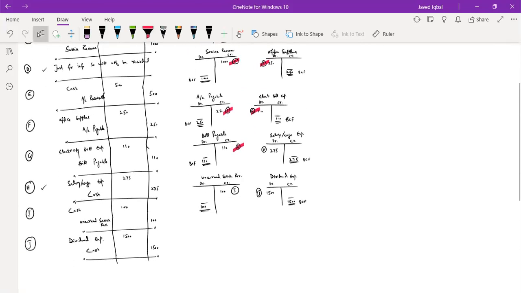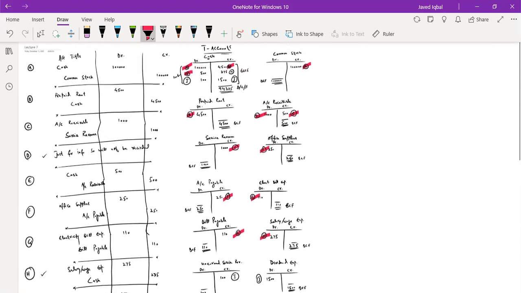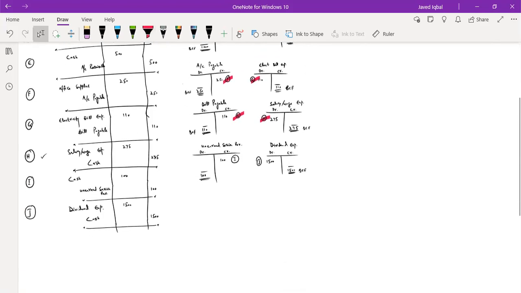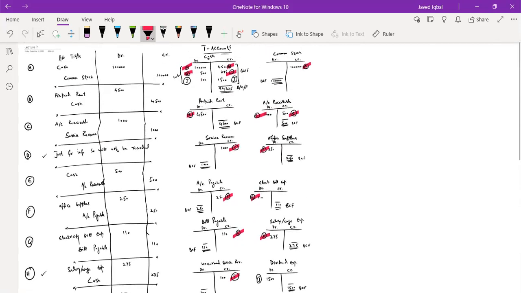You have salaries or wage expense, which is H transaction, countered with H transaction cash. So you have H transaction 275 here. Then you have cash 100 and unearned service revenue. So you have unearned service revenue as I here, and you have unearned service revenue I here.